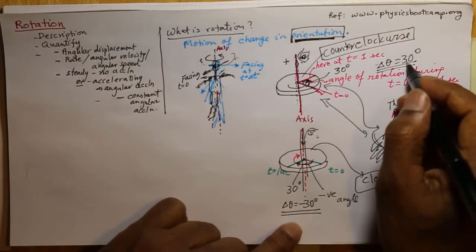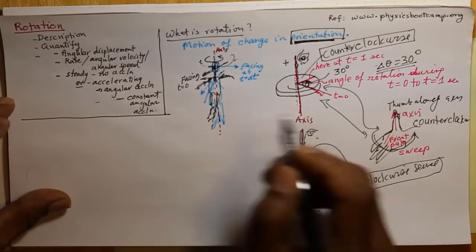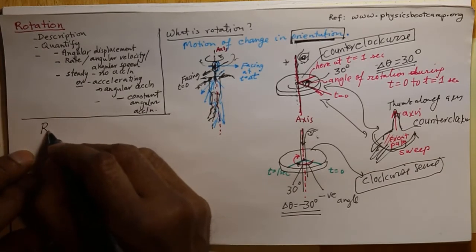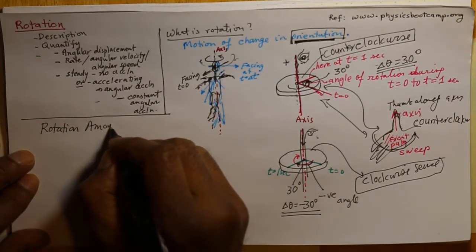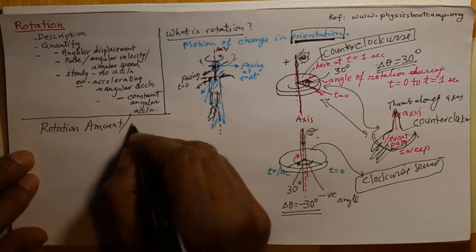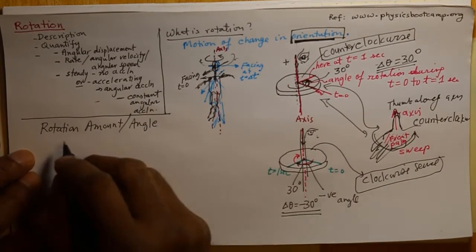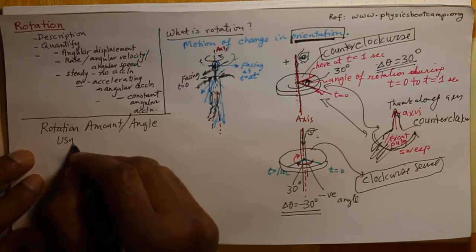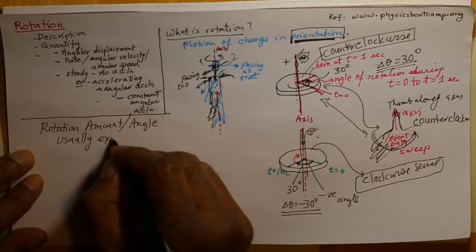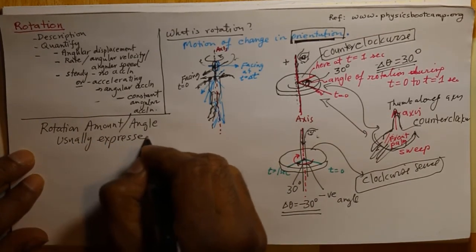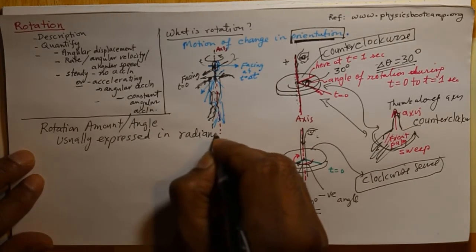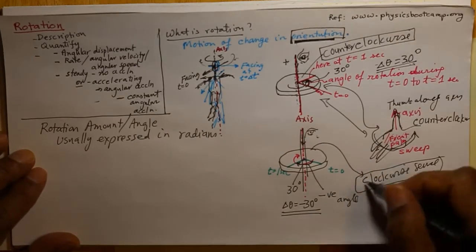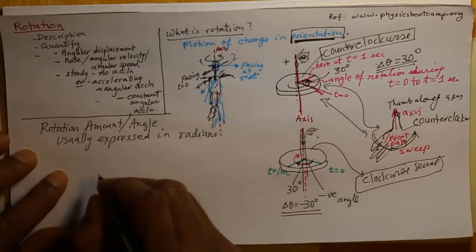But so a rotation amount, or this angle, is usually expressed in radians. Degrees is okay, but we don't normally express this, so radians.